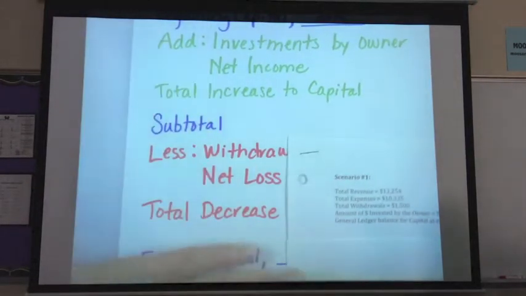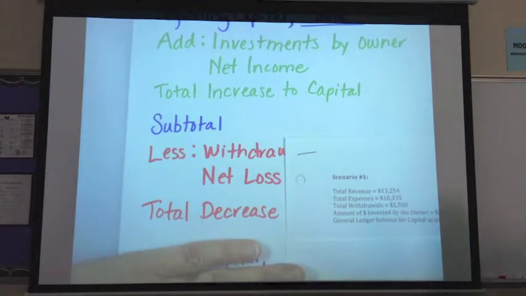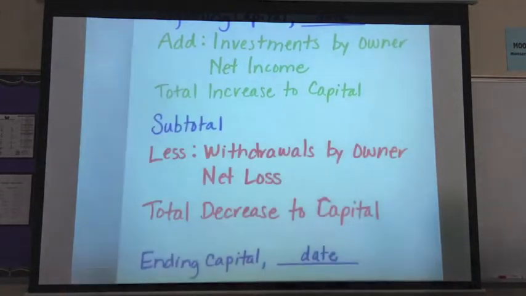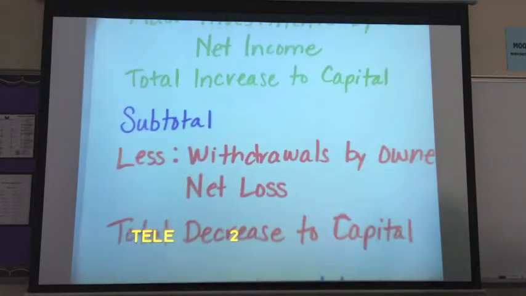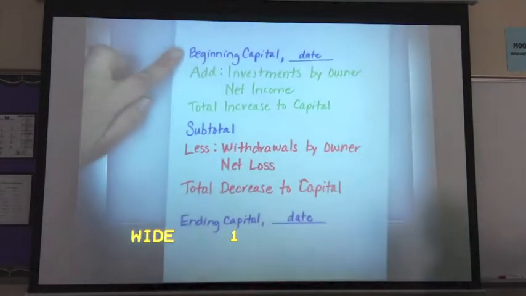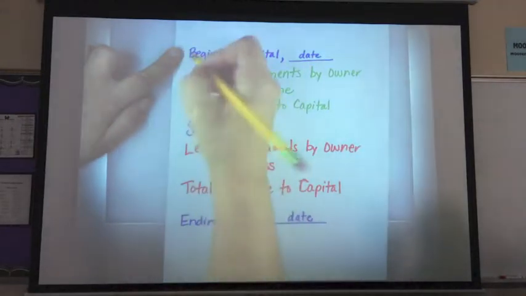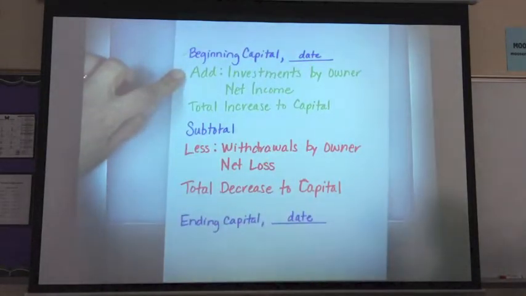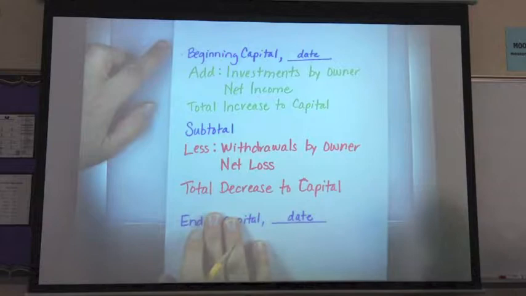So the first thing I'm going to do is this. We're going to go through each of these lines. Do we need beginning capital? Yes. We always need beginning capital. You might want to put a check mark there.